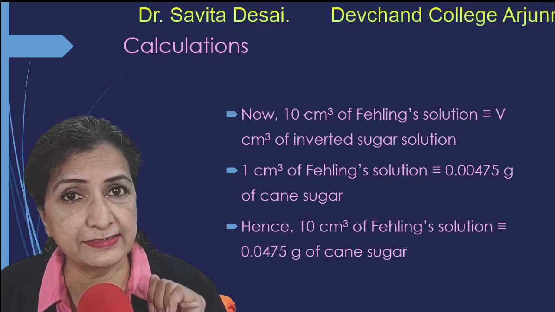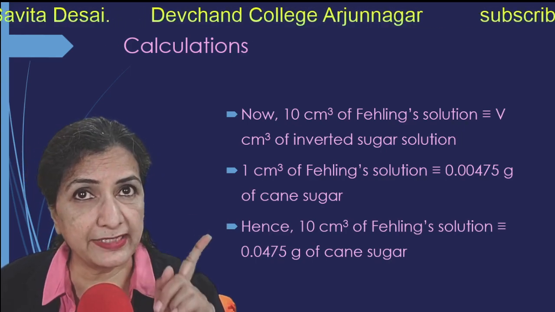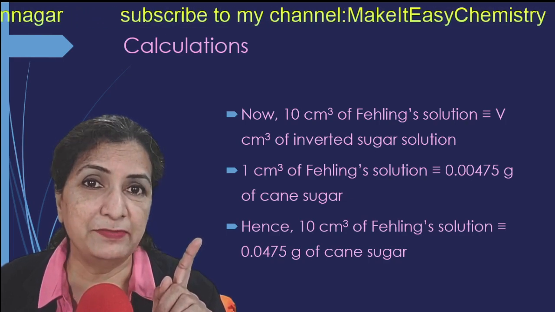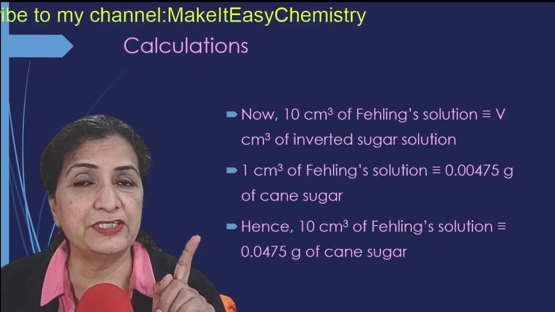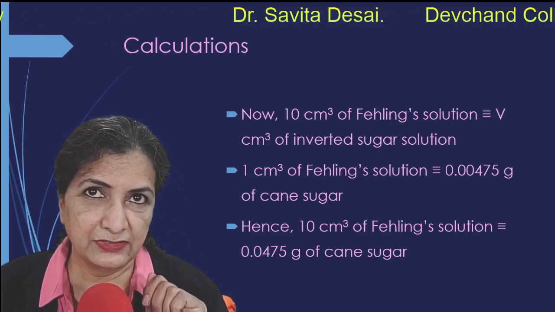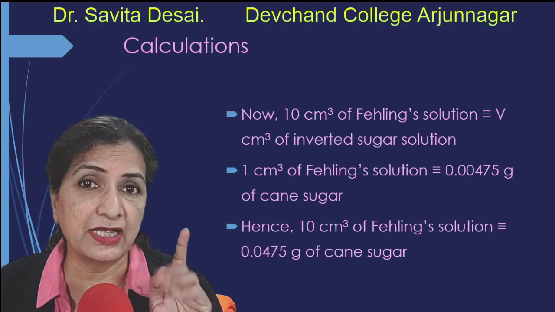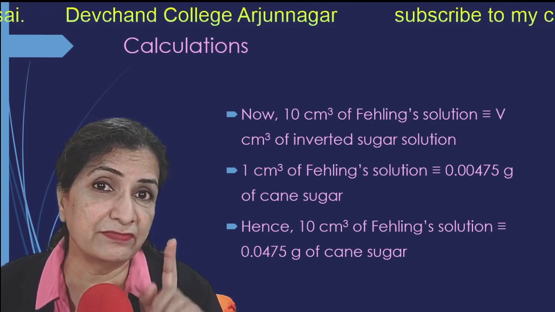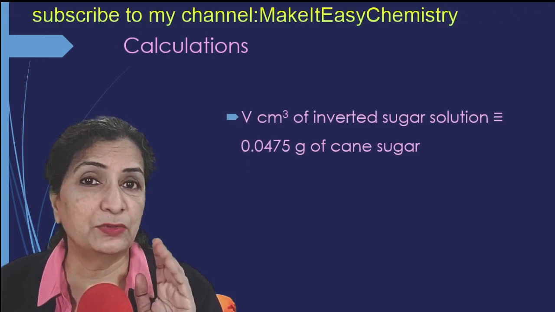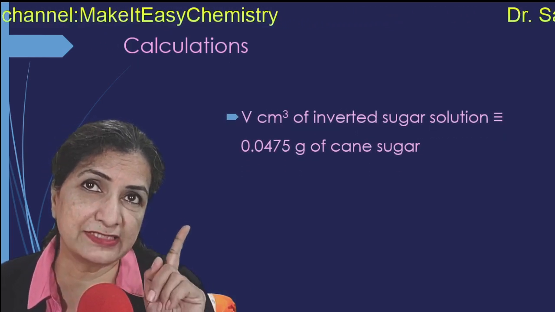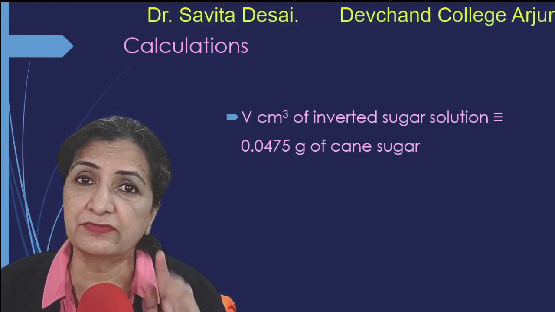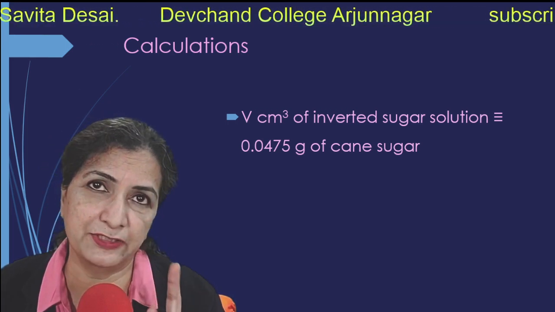So 1 cc of Fehling solution corresponds to 0.00475 grams of cane sugar. We have taken 10 cc of Fehling solution, so 10 cc of Fehling solution will correspond to 0.0475 grams of cane sugar. 10 cc of Fehling solution required V ml of sugar solution, and that is why the calculation continues like this: V cc of inverted solution corresponds to 0.0475 grams of cane sugar.